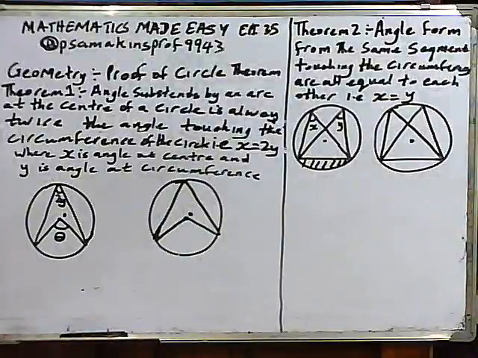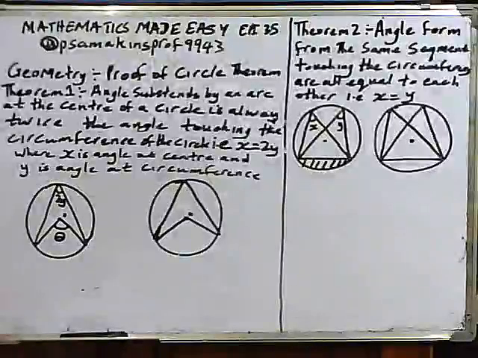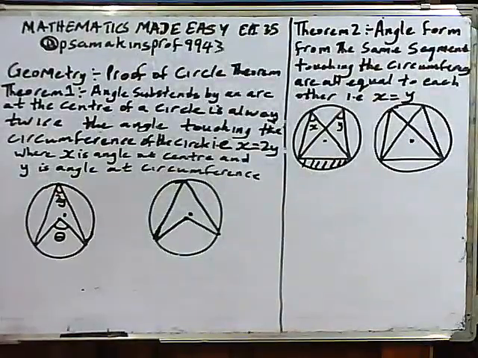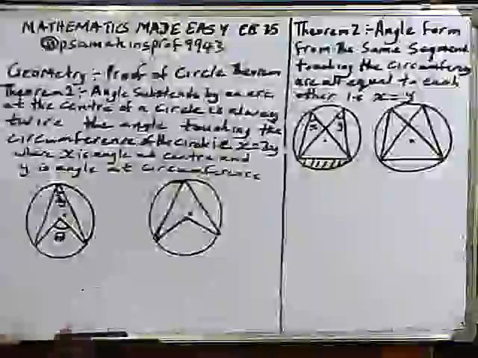Theorem 1. Angle subtended by an arc at the center of a circle is always twice the angle touching the circumference of that circle.